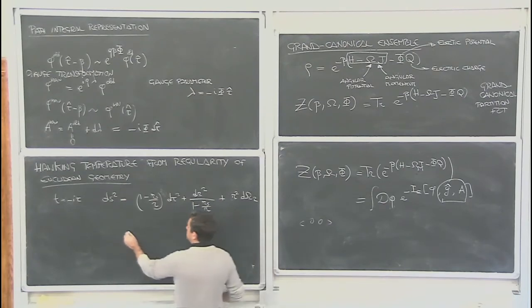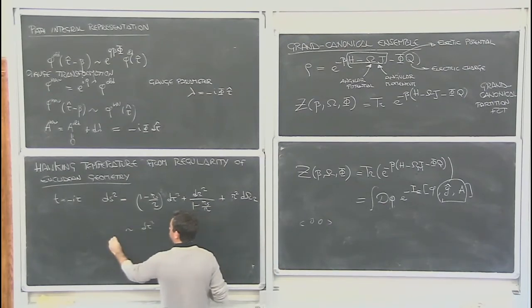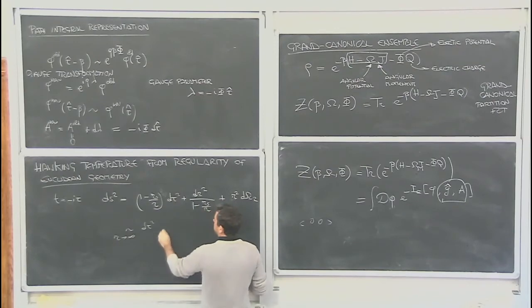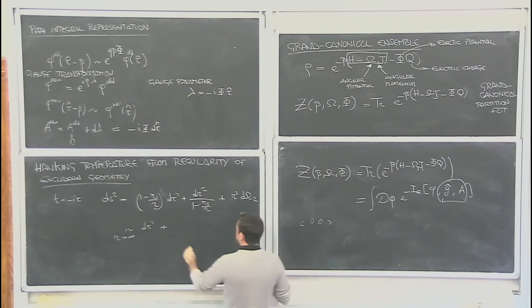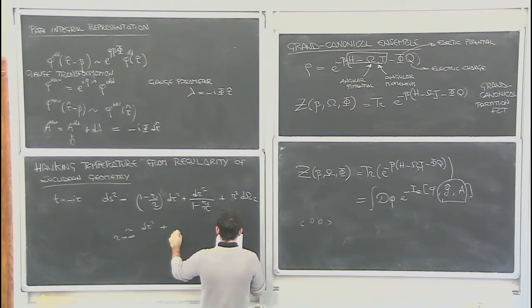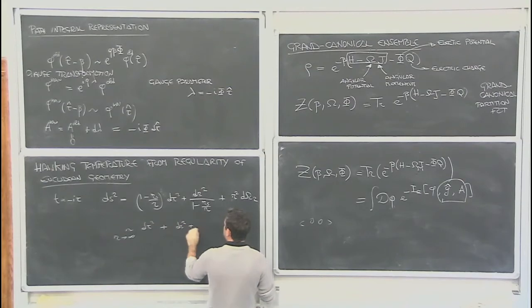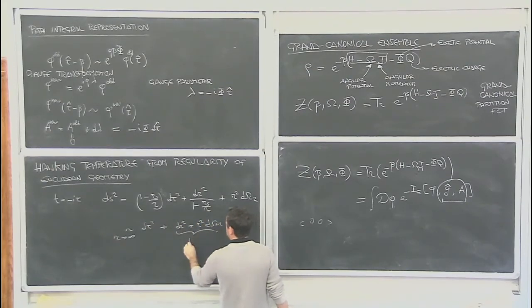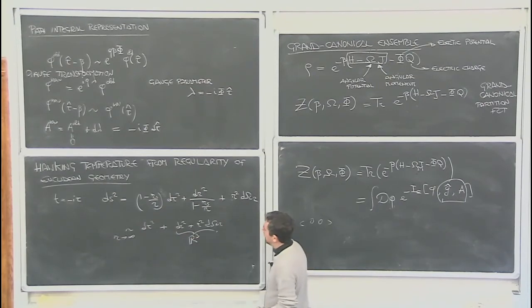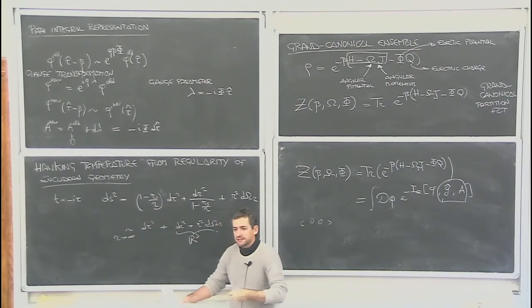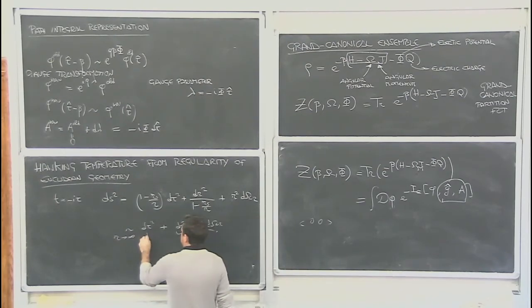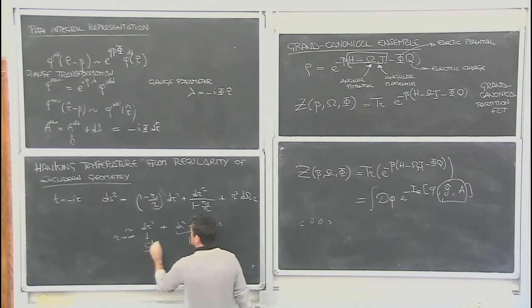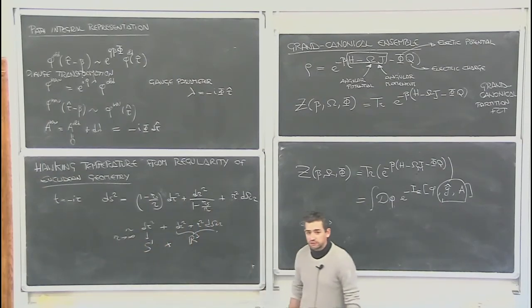So the metric is basically d tau squared, for R that goes to infinity, plus here we have the metric of flat space, dR squared plus R squared d omega squared. So this is the metric on R3. And this is the metric on flat space again, but since we have this identification of the tau coordinate, I separate this from R3 because actually this is S1. So we are on S1 times R3.